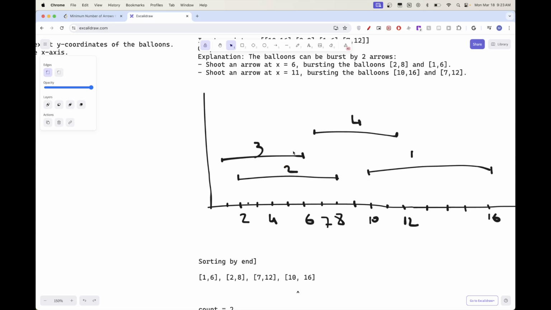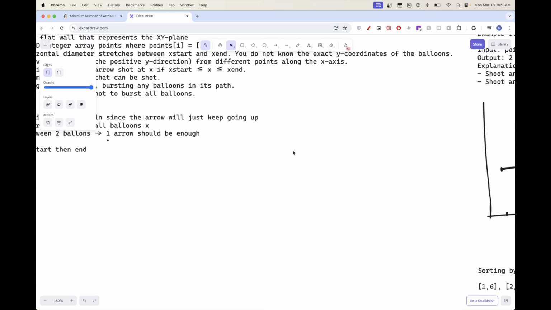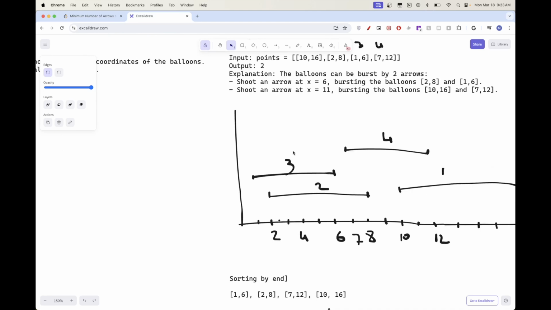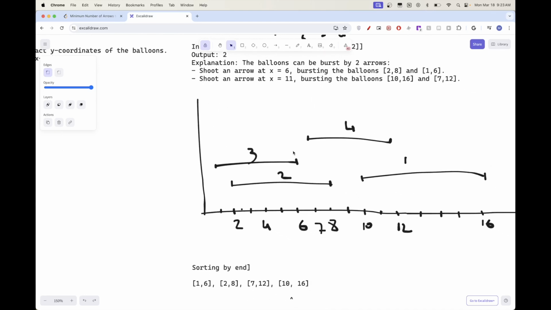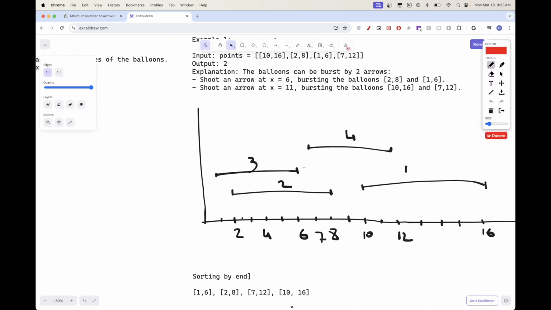So what this tells you is that if there is any intersection between two balloons, they can share an arrow. And this can be extended even to three intervals. So for example, here with 2 to 8, 1 to 6, and 7 to 12. We could maybe do one that intersects both here, but the problem is it won't intersect this one.